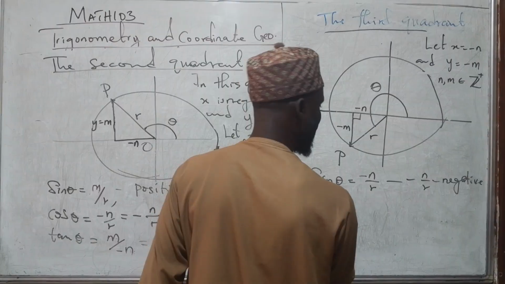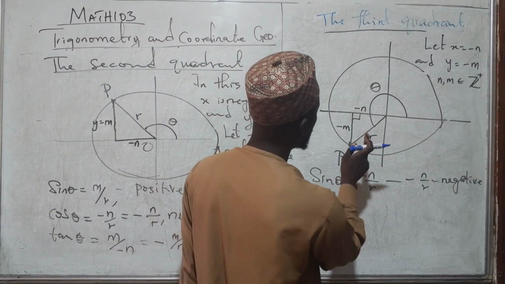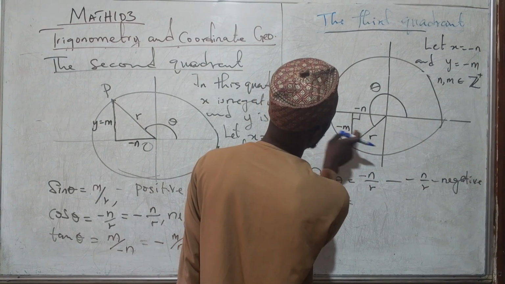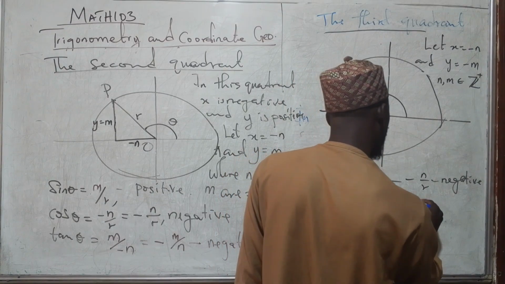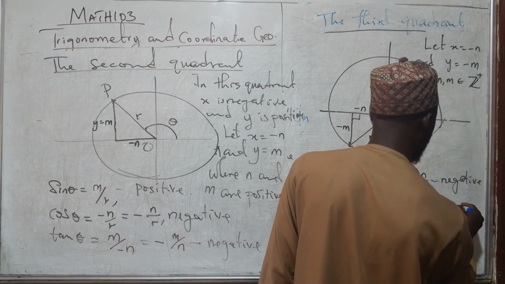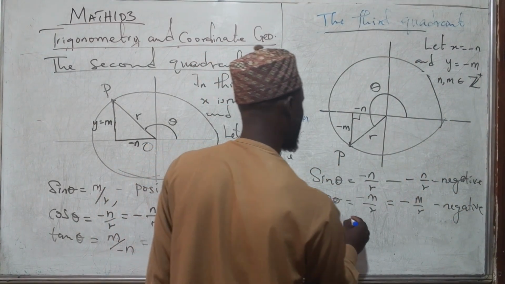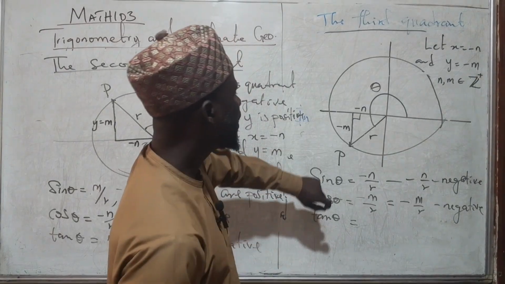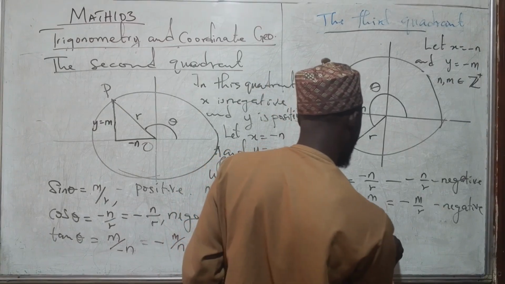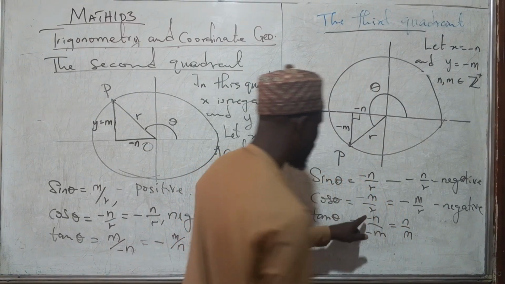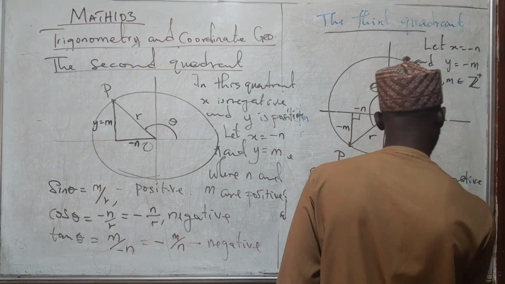So cos theta will be equal to adjacent over hypotenuse, that is minus n over r. This is actually negative. We have tan theta to be equal to opposite over adjacent. The opposite is minus m, and the adjacent is minus n, and that is equal to m over n, because negative over negative, the answer will be positive, and therefore it's a positive angle.